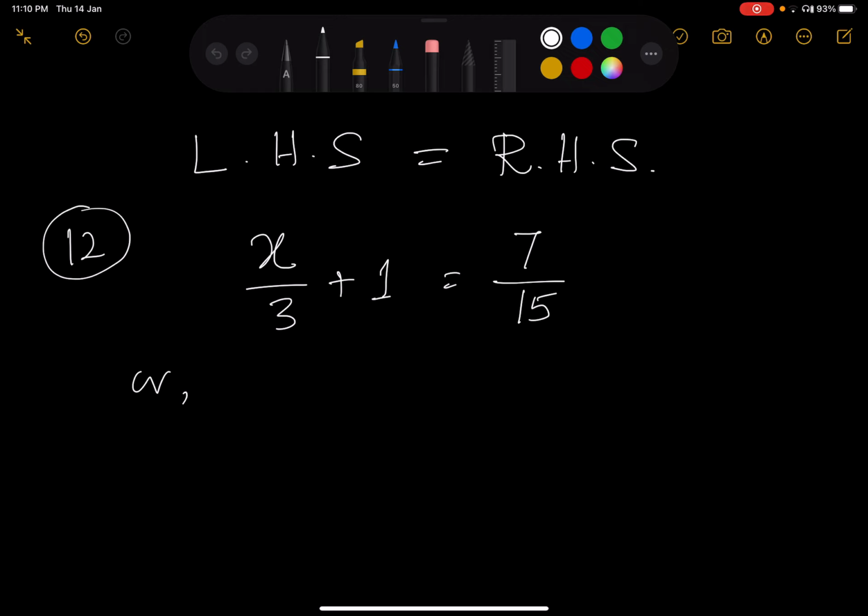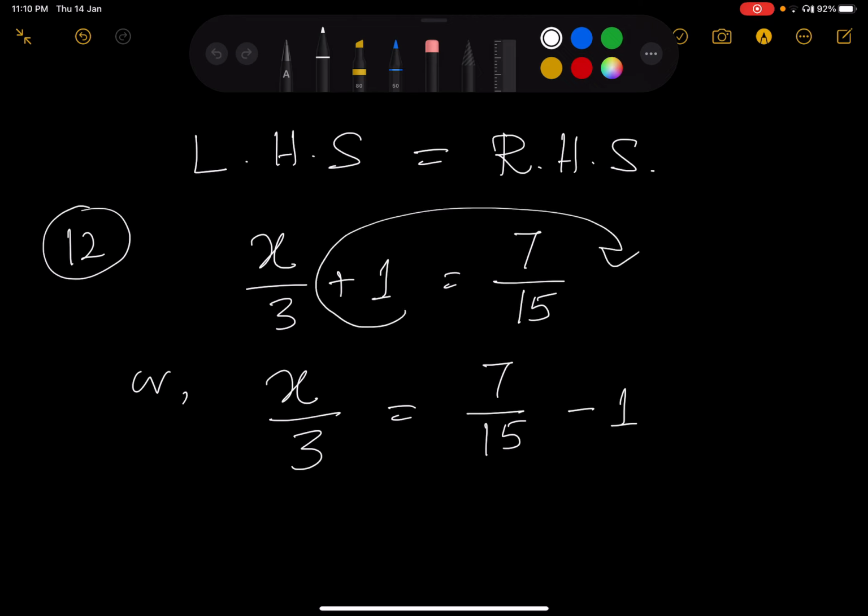The variable is x. Keep the variable on the left hand side, x by 3, and take the rest to the right hand side, that is 7 by 15 minus 1. Transposed is 1 to the right hand side, okay.